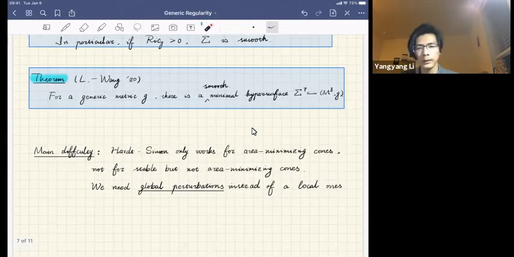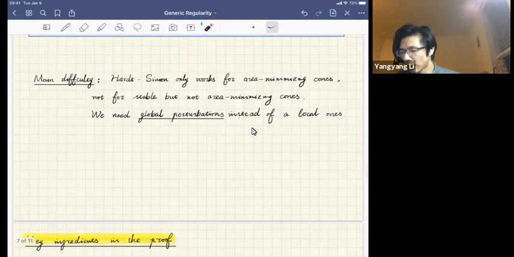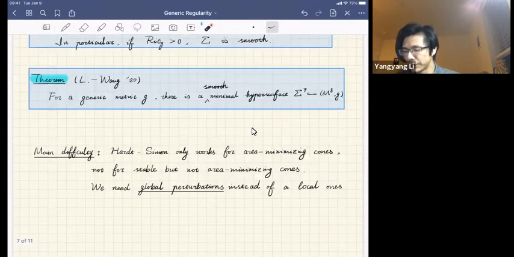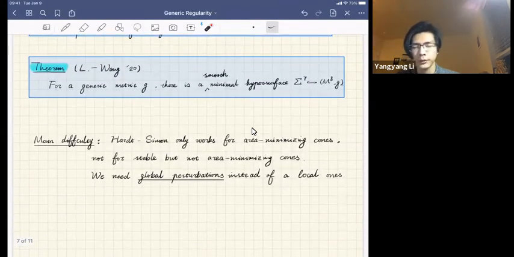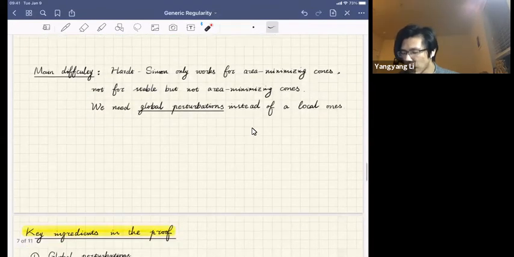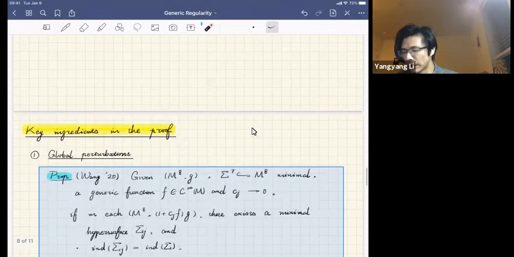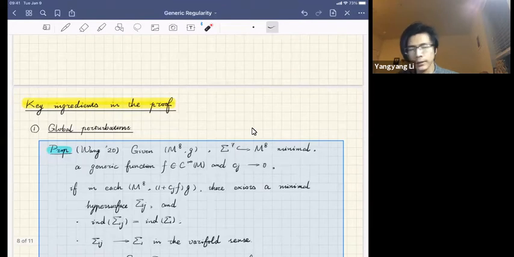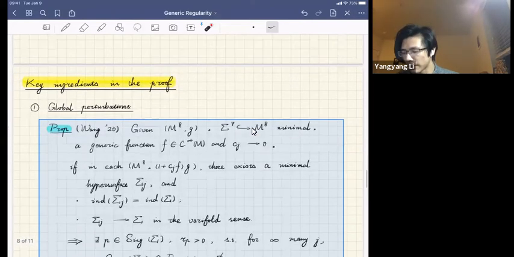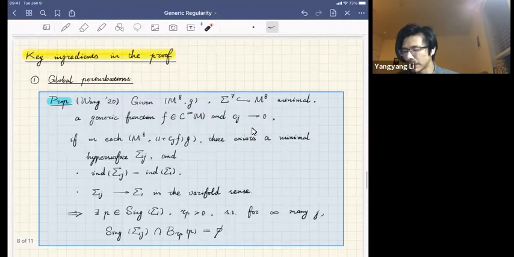Okay, so now let's move to the main ingredients of the proof, to try to overcome the difficulty that I mentioned. The first one is the global perturbations. The following proposition was proved by my collaborator in his paper.